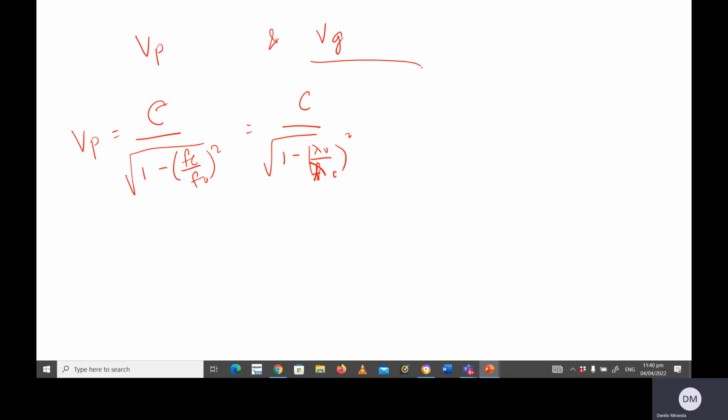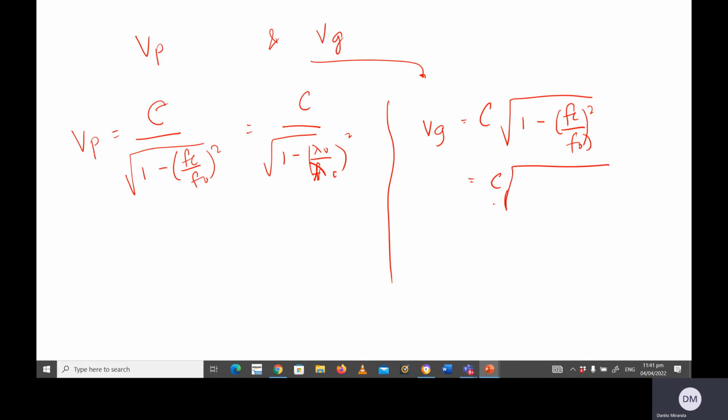Now in terms of group velocity, so we have Vg is equal to C multiplied by the square root of 1 minus FC over F sub O square, is also equivalent to C times the square root of 1 minus the quantity lambda O over the cutoff wavelength square.